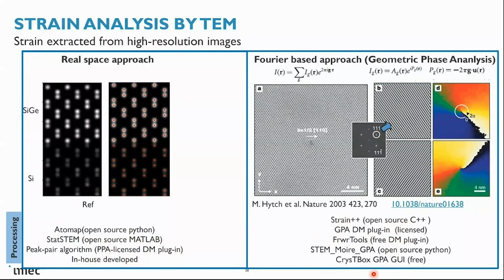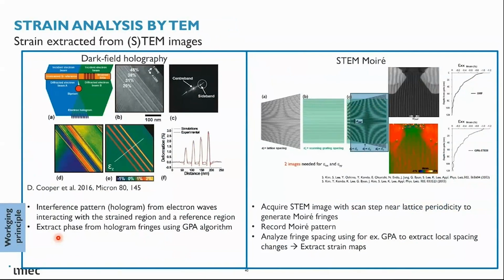In both cases, we acquire STEM images with a STEM step near the lattice periodicity to generate moire fringes, and then we record the moire pattern, and we analyze the fringe spacing using, for example, geometric phase analysis to extract the local spacing change and then strain.